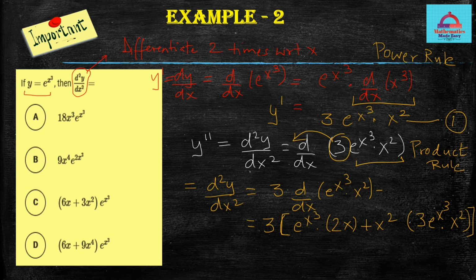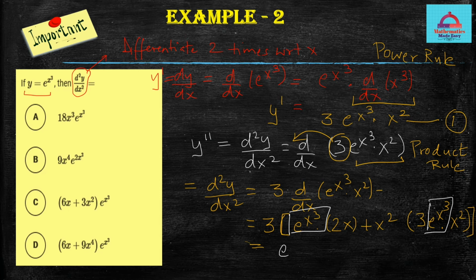Now if you look at this function that we have received for d square y over dx square, we need to simplify it a little bit more. So let's multiply, and if we see any term common, we are going to take it out. So I can see that e to the power x cube is one term which is common.